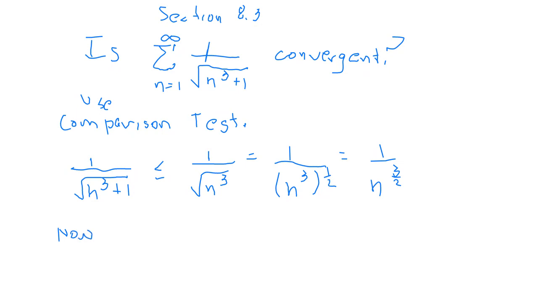Now, why am I interested in this series? What do we know about the series n equals 1 to infinity of 1 over n to the 3 halves? Good, Leping, that's a p-series. What is your p equal to?